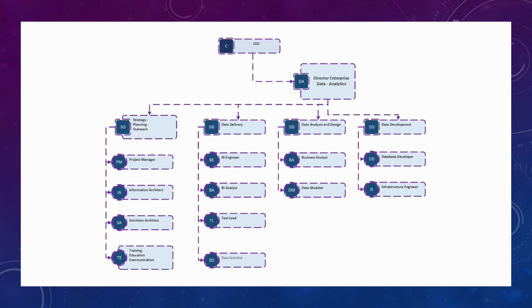In data delivery, we're going to need a BI engineer, BI analyst, test lead, and a data scientist. For data analysis and design, we're going to need a business analyst and a data modeler. And for data development, we're going to need a database developer and an infrastructure engineer.